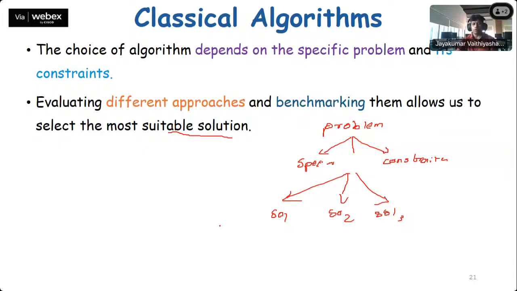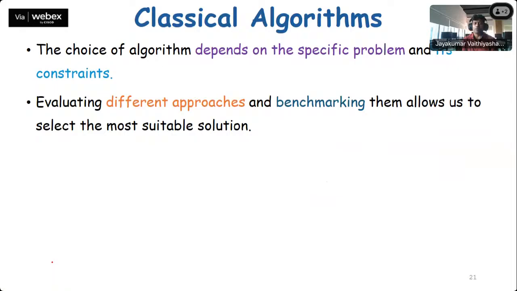What you need to do is compare all these solutions using a benchmark. You need to run the different solutions and compare them against each other. Then only can you pick which is the most suitable or efficient solution. So this is the trick, and it will take a lot of time. Even an experienced programmer or developer cannot identify it in a single shot. Okay?